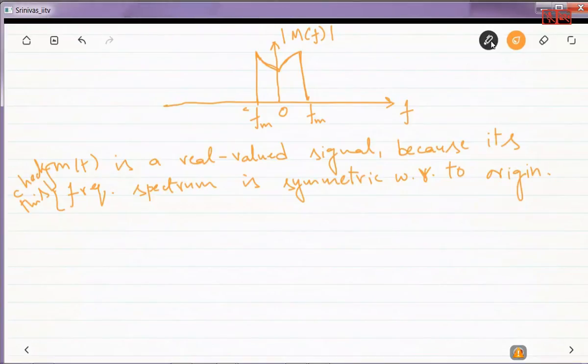Now let's come back to the task at hand. We have a signal m of t having a spectrum like this, and we are multiplying it with a carrier signal, Ac cos 2 pi fct, and let us say the carrier frequency is here, fc. Similarly, this is minus fc. After multiplying, what do we get?